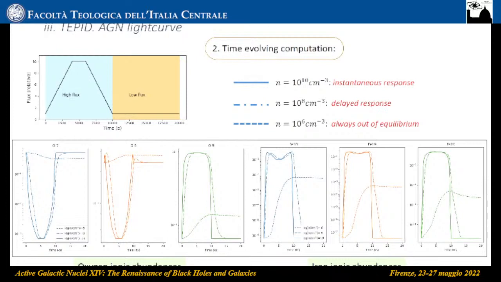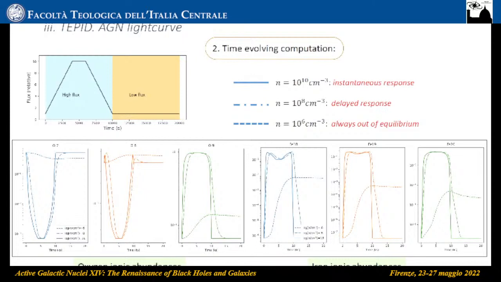However, when you go to 10 to the 8, you have a delayed response, so the gas adjusts to the light curve, but not instantaneously, and when you have 10 to the 6, which is the worst case, the gas is so underdense that it is never in equilibrium, but always lags behind the light curve.